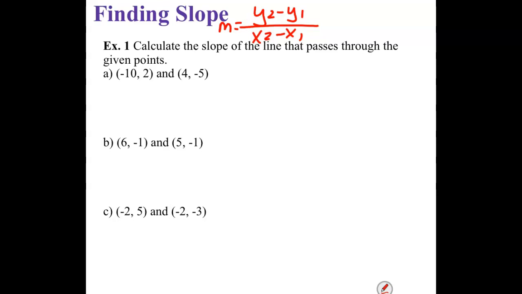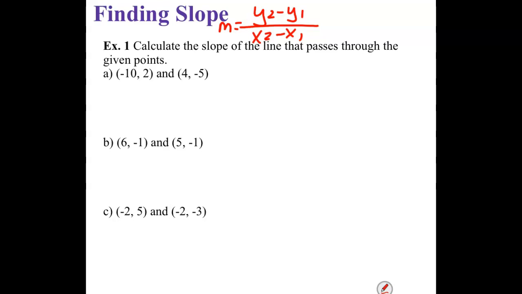Does it matter which one is y2 and which one is y1? It's kind of a trick question. It doesn't necessarily matter which one you pick as point 1 or 2, but what matters is that you pair them up the same.